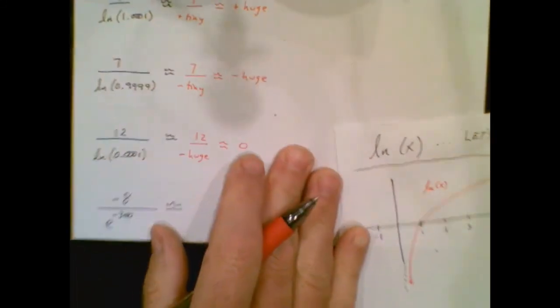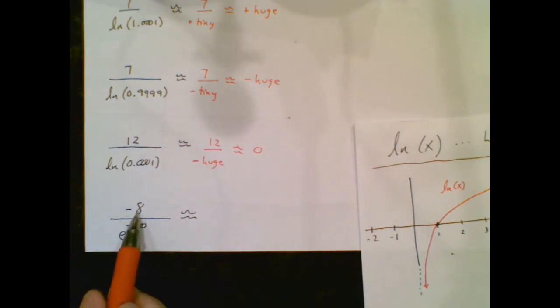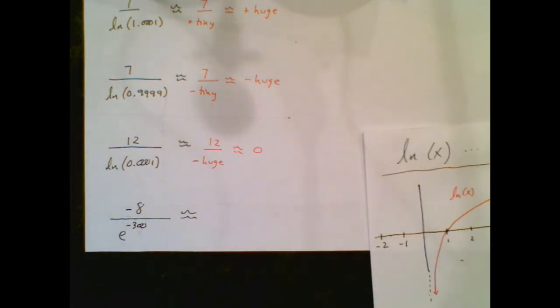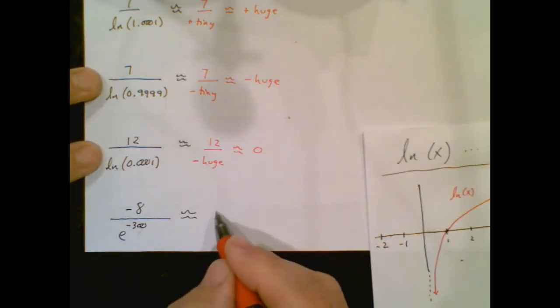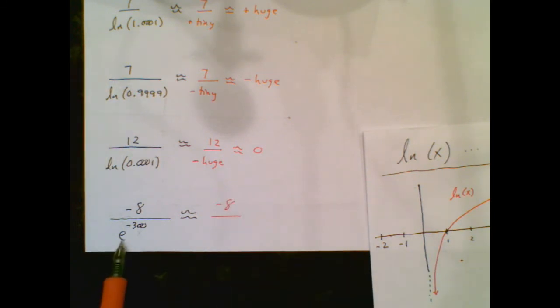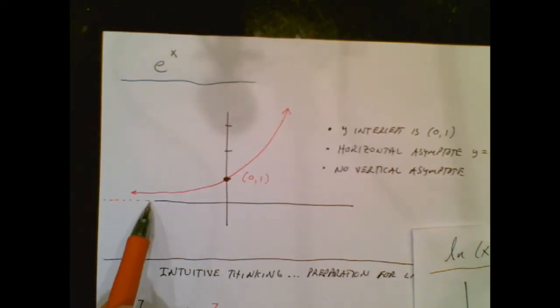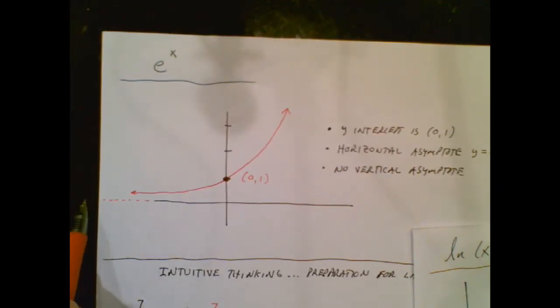Final intuitive example. Negative 8 divided by e to the negative 300. So this is equivalent to negative 8 divided by, now what is e to the negative 300? I don't know an exact answer, but I know by looking at the e to the x graph, negative 300 is way out here, which makes my y value super tiny but positive.